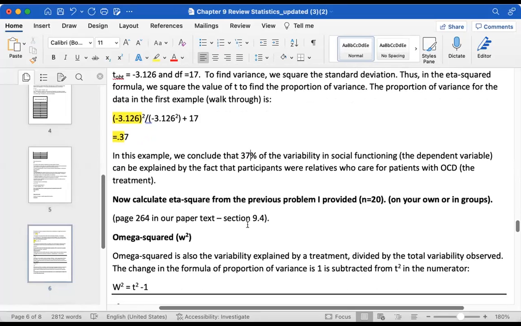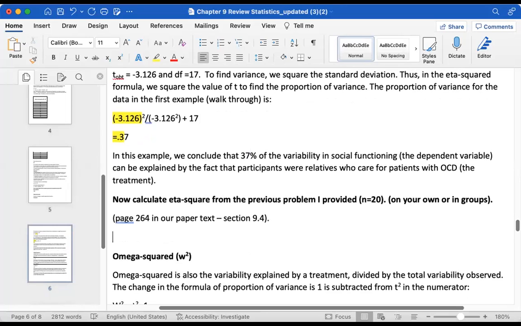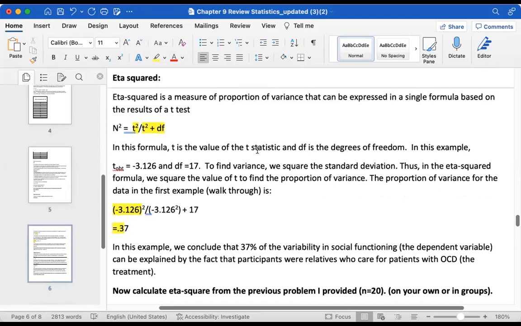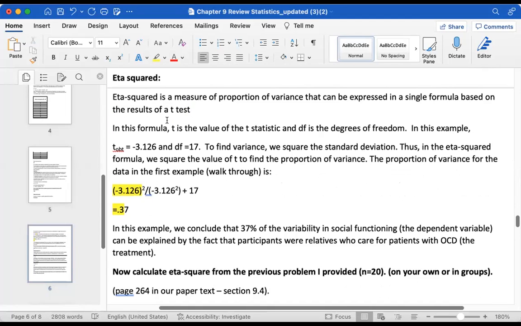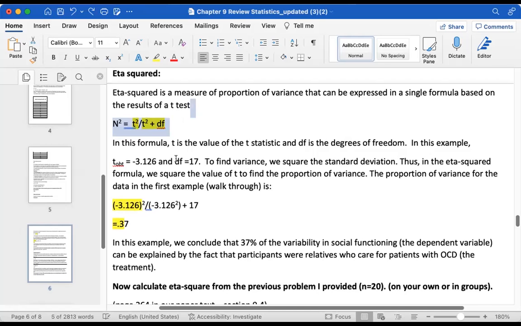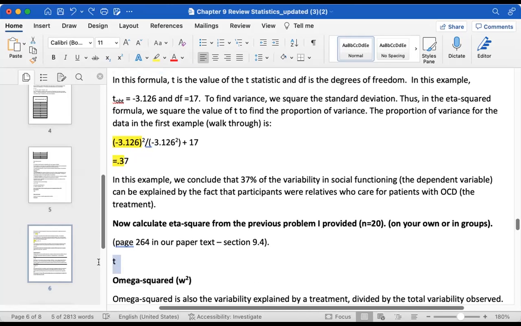So then we're going to calculate the eta squared from the one we just did, with the same formula. So we're literally going to take this formula right here, and then plug in the information.